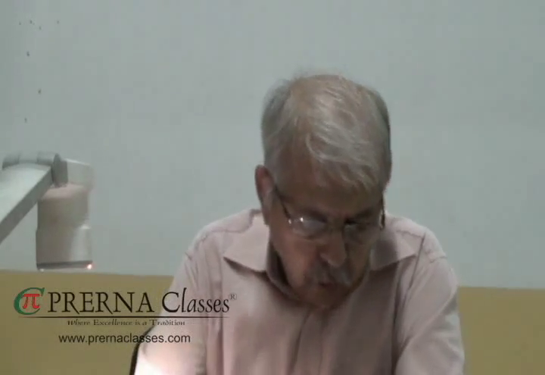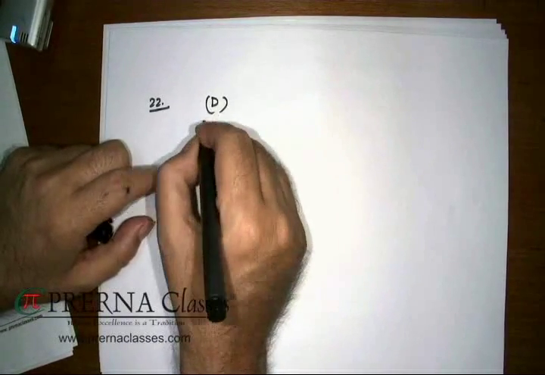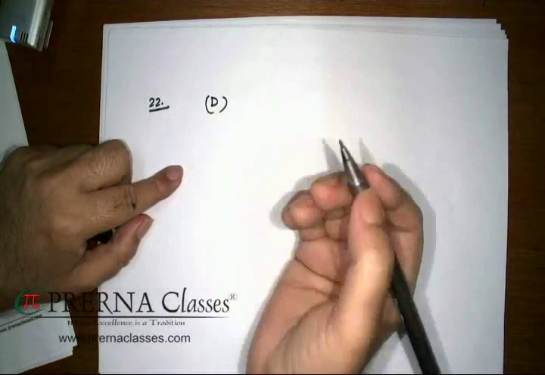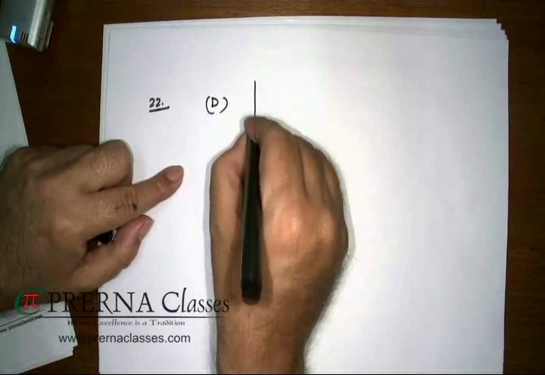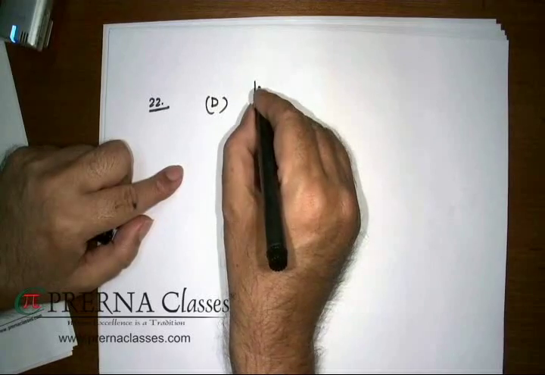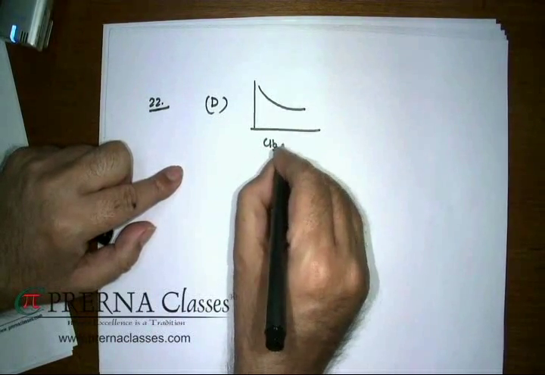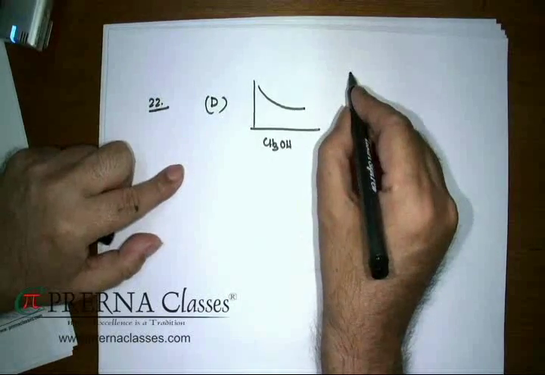So what we are finding is that in D, the first graph is decreasing, that is with methanol.